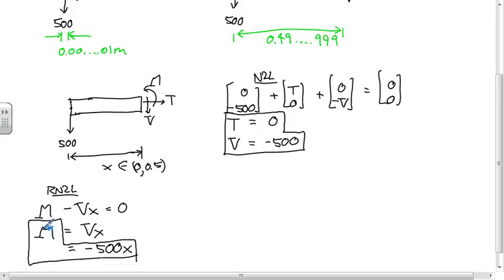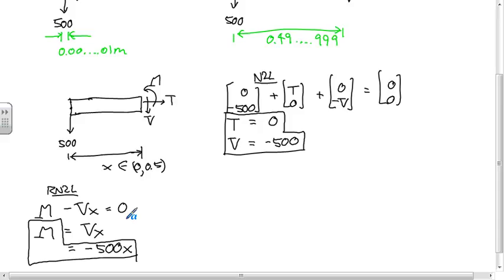But what happens as the x value gets bigger? You get more and more negative bending moments. That internal couple has to get bigger and bigger in magnitude to keep it in equilibrium. We'll graph these out at the end. Okay, so that's the first cut. Any questions about the first cut?